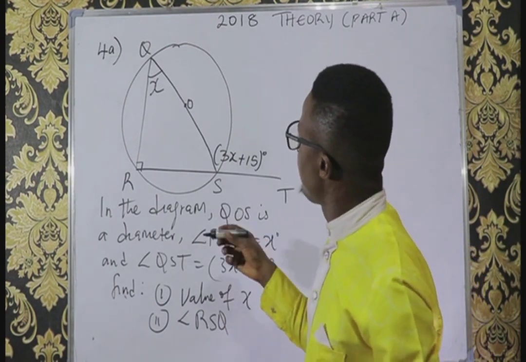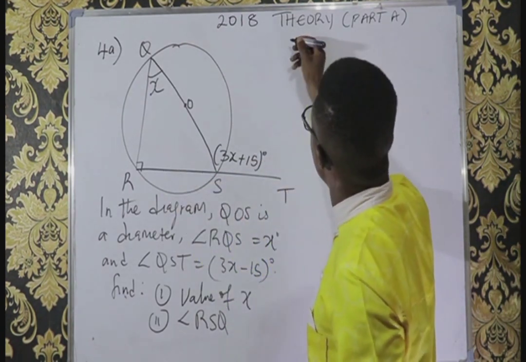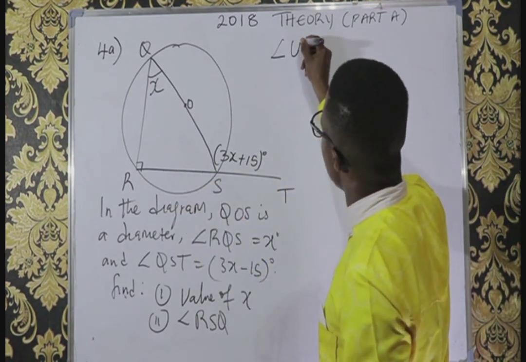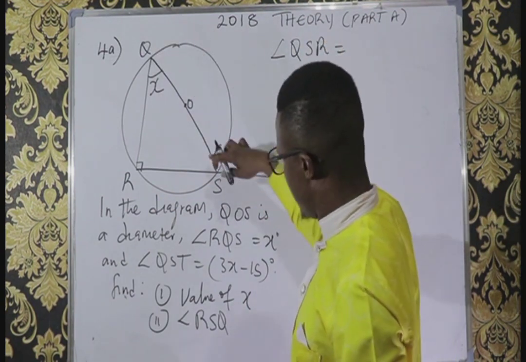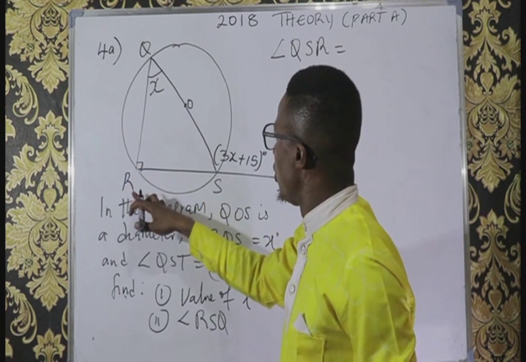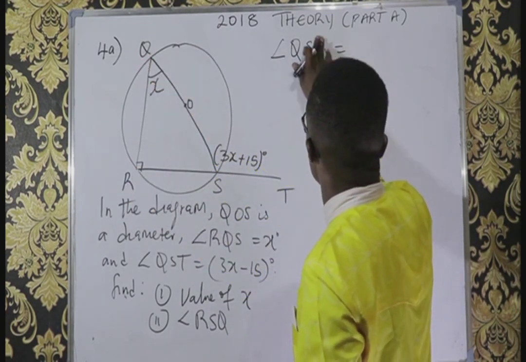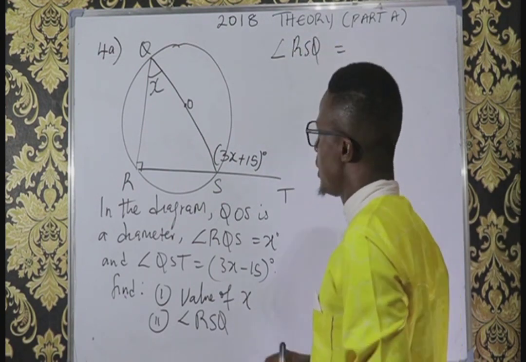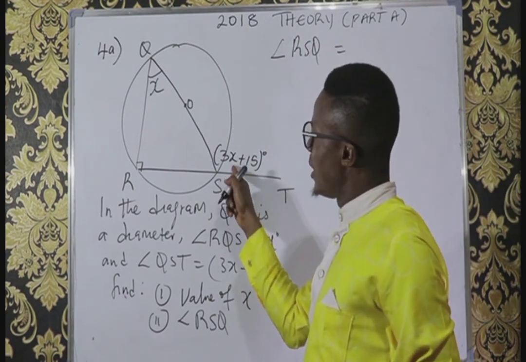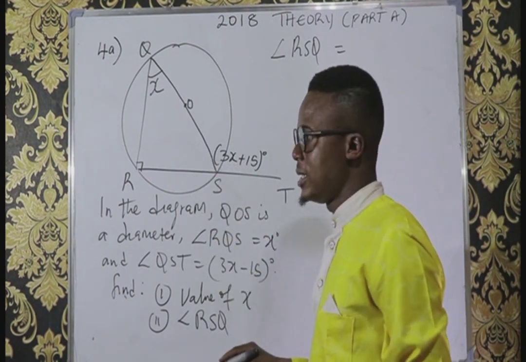To find the value of x, you should know that this is a straight line. Therefore, angle QSR, or RSQ, as the case may be. Let me call it RSQ, the same thing. RSQ will give us 180 minus whatever I'm having here, because angle on a straight line is 180 degrees.